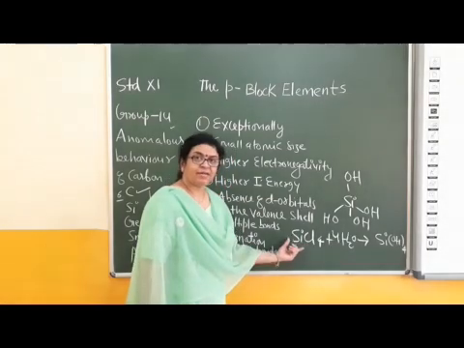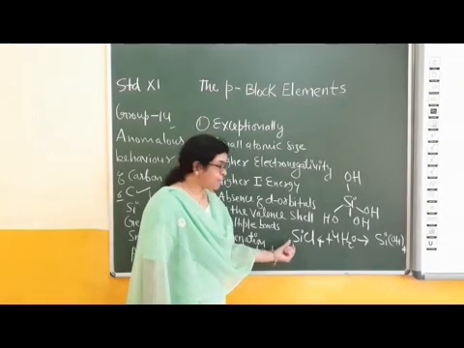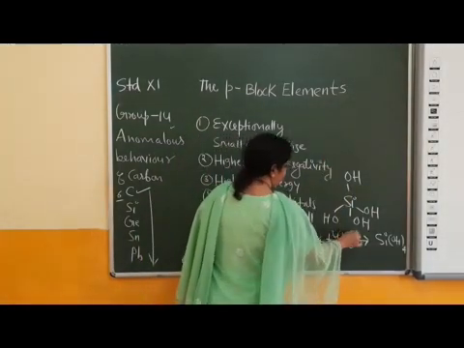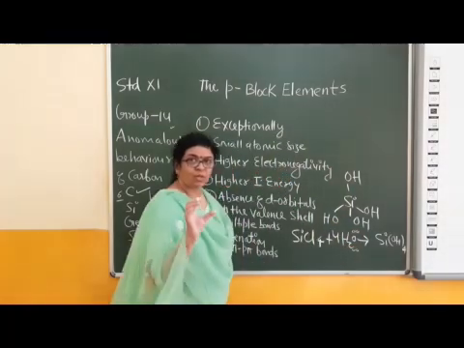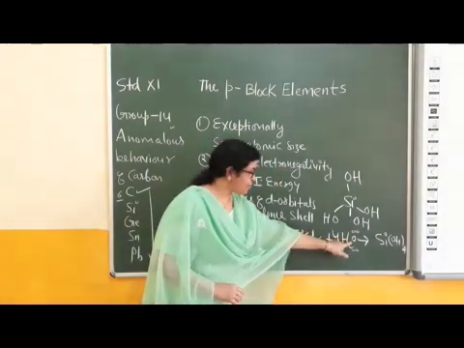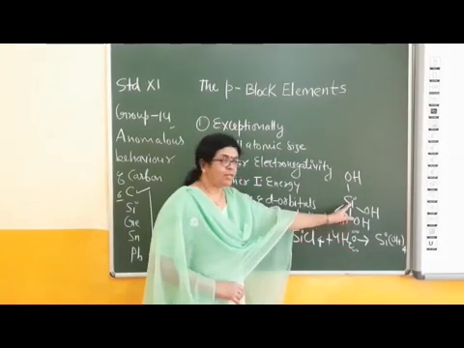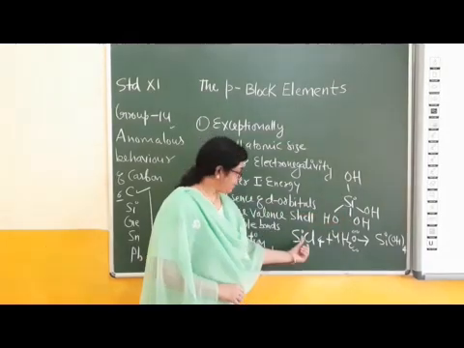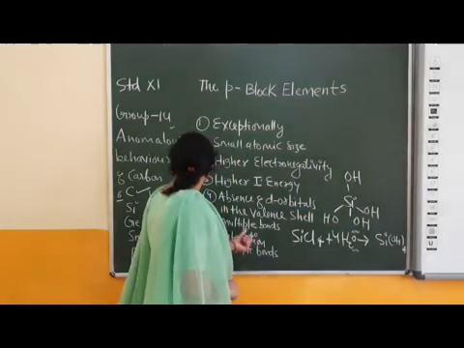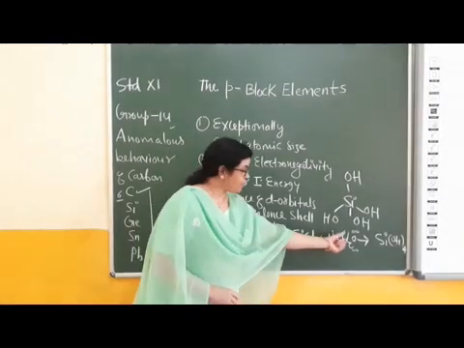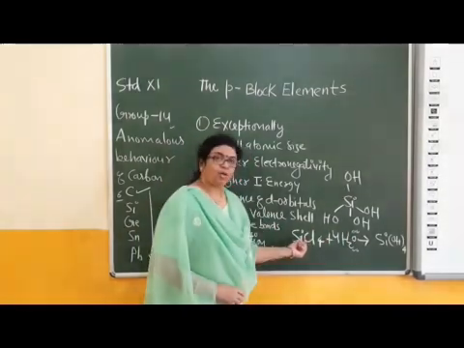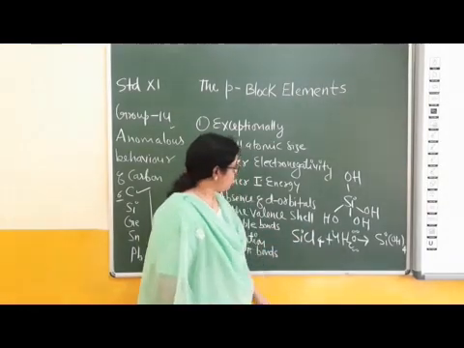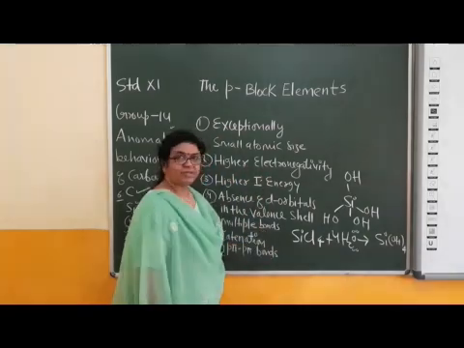Hydrolysis of other tetrachlorides is possible except carbon tetrachloride. What is the reason? The lone pair of electrons of oxygen is accepted in the d orbitals of the central atom, which is silicon in this compound. Similarly in GeCl4, the lone pair is accepted in the d orbitals of germanium. This is a unique character of carbon.